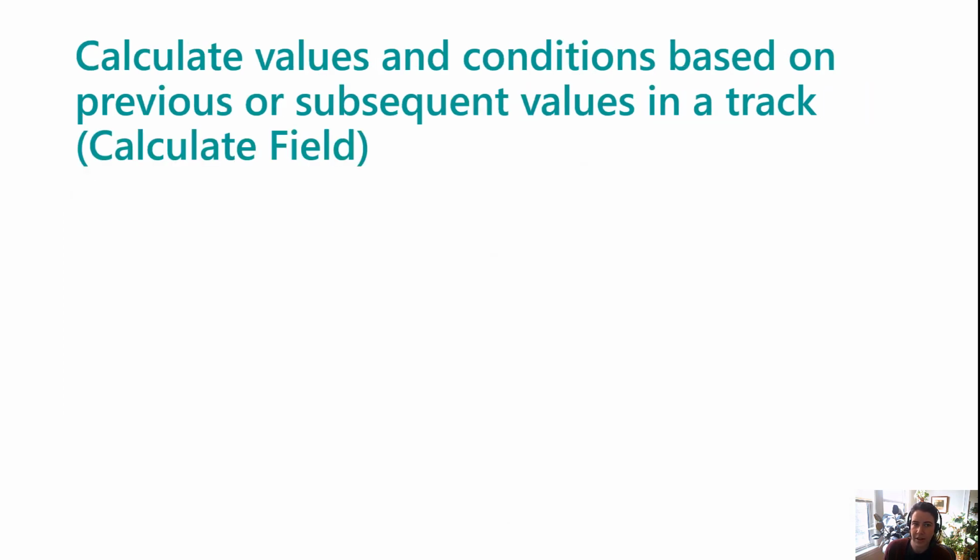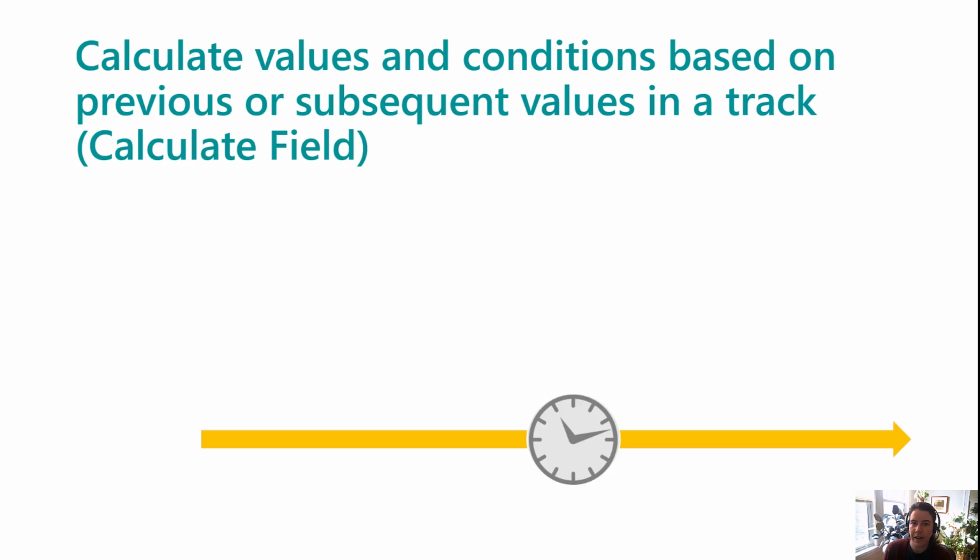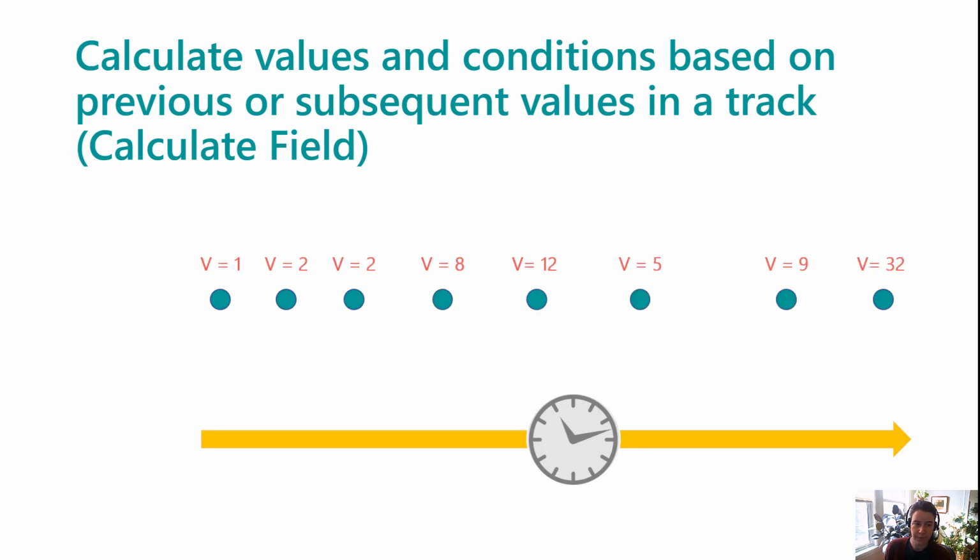The next one is calculating a field, which allows you to calculate values and conditions based on previous or subsequent values in a track. So for example, we have our track here. I have a value at each one. So this is just a field on my input points. The first one is 1, 2, 2, 8, 12, just some random numbers. And then I'm able to create an Arcade expression where it says the previous value plus the value in the future equals the current value.